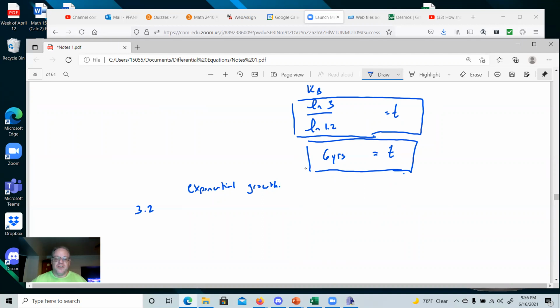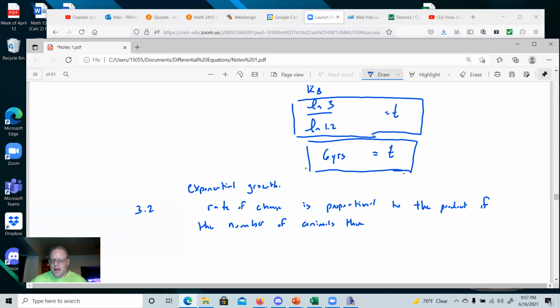So what we're going to say is the rate of change is proportional to the product of the amount there, the number of animals there, and the difference in carrying capacity.